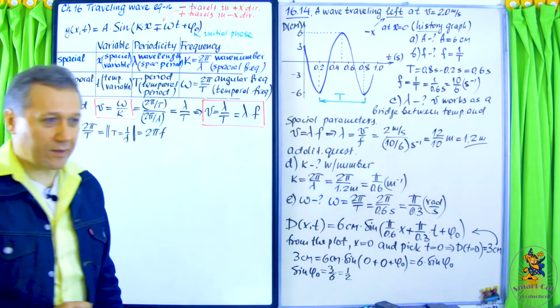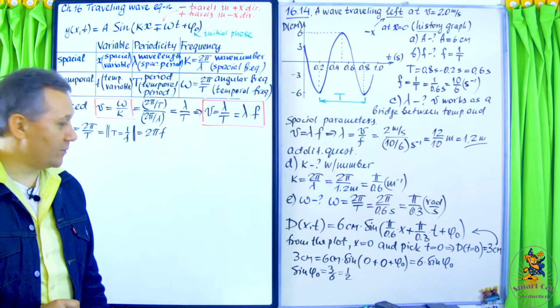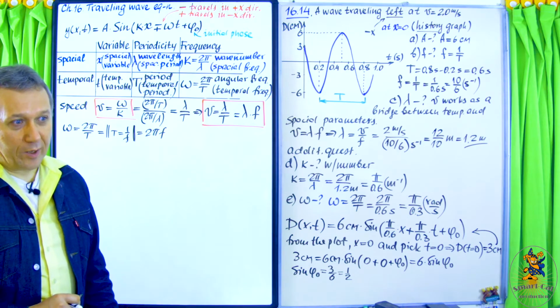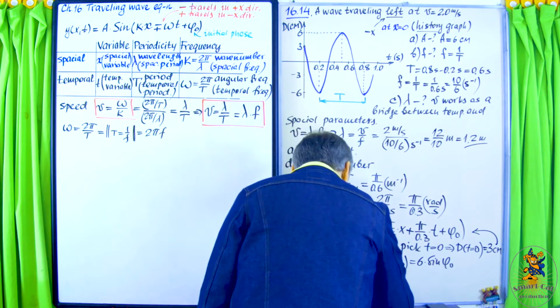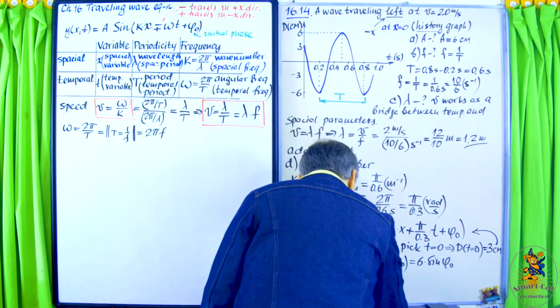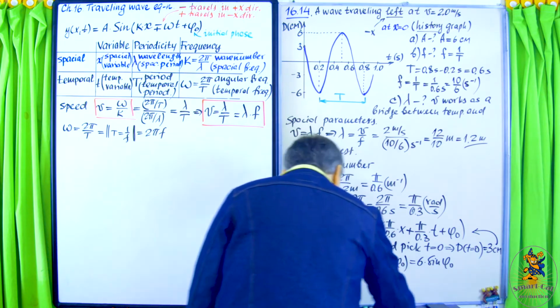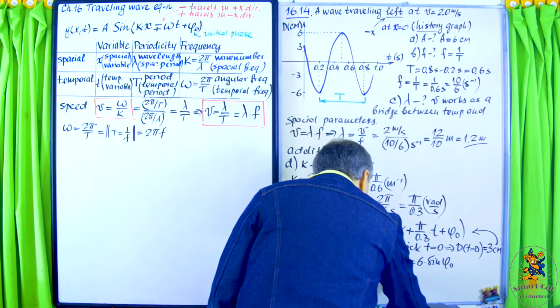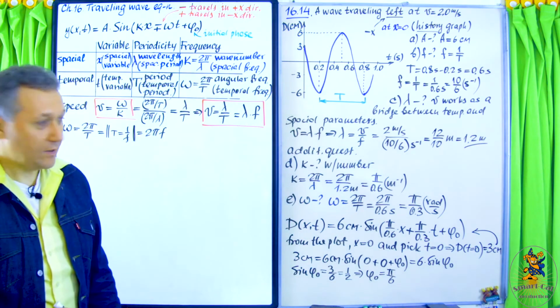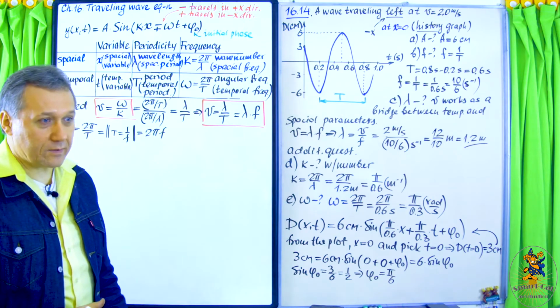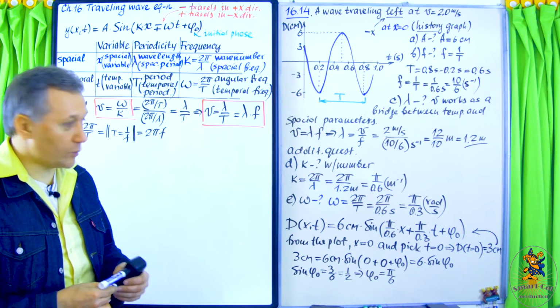I know that by heart. Phi naught equals pi over 6. Phi naught, not phi. Am I right? Yeah, pi over 6. So after this, we can write the final form of the equation.